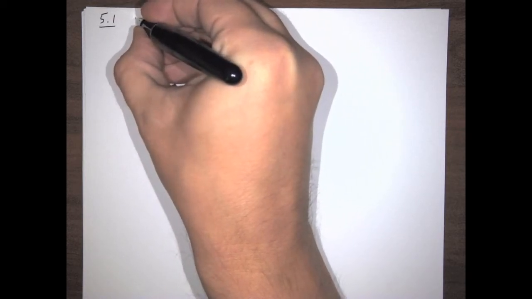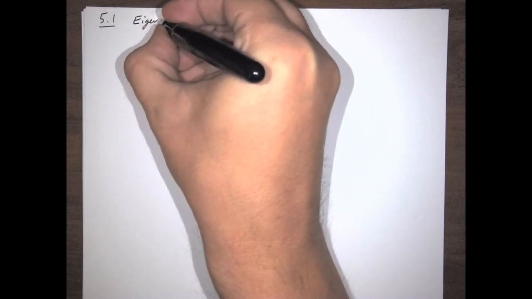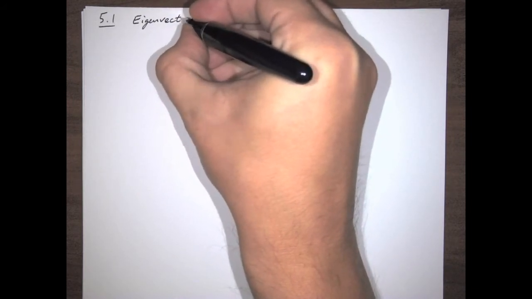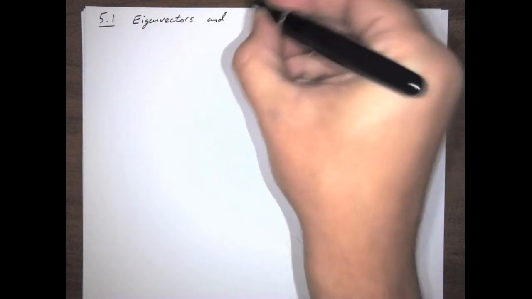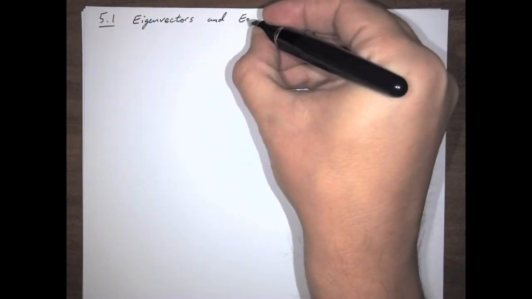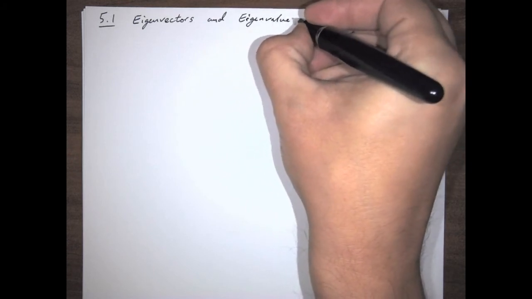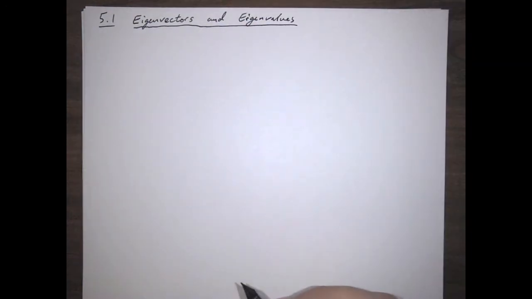And so what we're going to be doing here is first making a couple of new friends. So eigenvectors and eigenvalues, and we're going to see what that means and how we can find some of these things. Eigenvectors and eigenvalues. So first just a note on the language here because it's so strange looking.